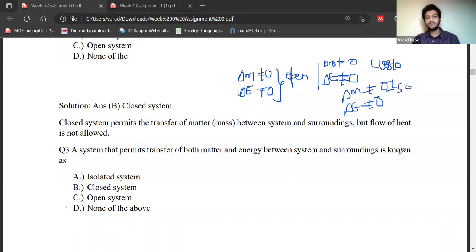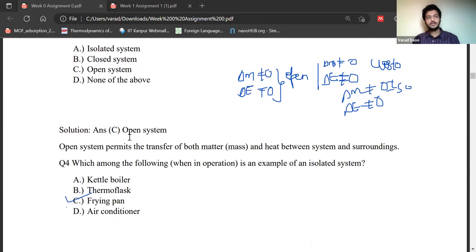So by this definition, we have an open system. So the answer is open system. Okay. Does anybody have any doubt? I'll wait for 1 minute and then we can go to the next question.